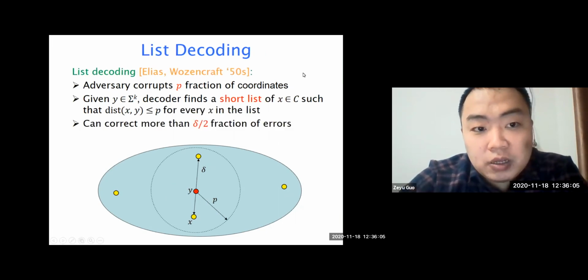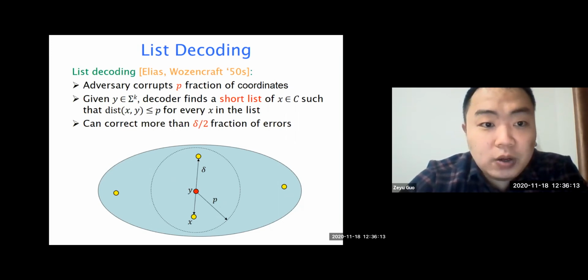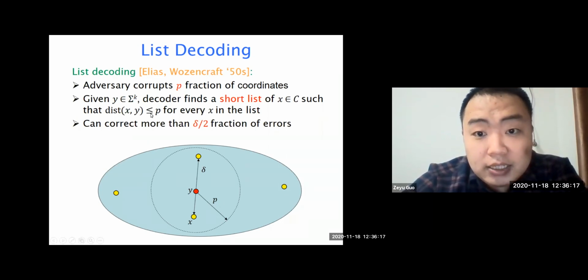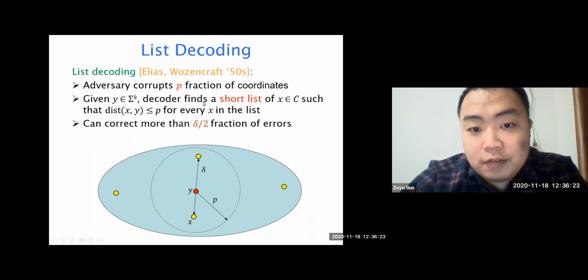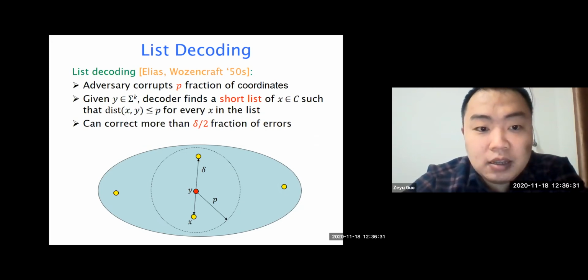List decoding is a relaxation of unique decoding. It was introduced by Elias and Wozencraft in the 1950s. Still, the adversary could corrupt a p fraction of coordinates. But instead of looking for a unique x, we allow the decoder to find a short list of candidates such that the list contains the transmitted code word x.